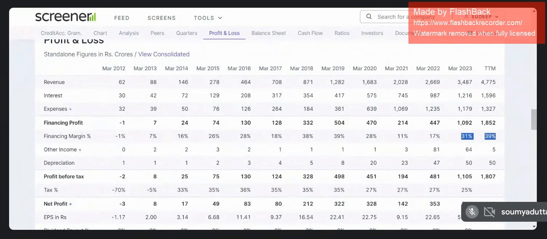But when the interest was low, what is the margin? 11, 10. And again in 2019, when the interest was very high, what happened? Margins were high. And again in 2017, when repo rate was low, what happened? That's how it is. So a high repo rate is good for these companies.